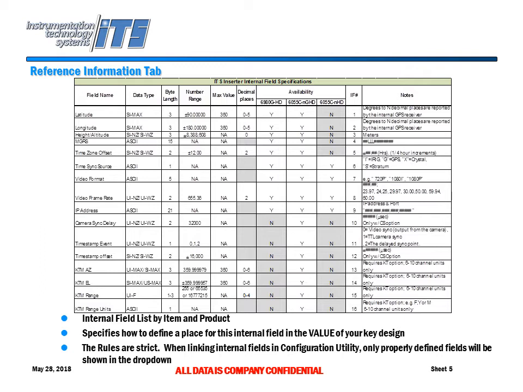The reference information tab in the key template gives you an idea of things that we call internal fields. Internal fields is information that we have already inside the unit.